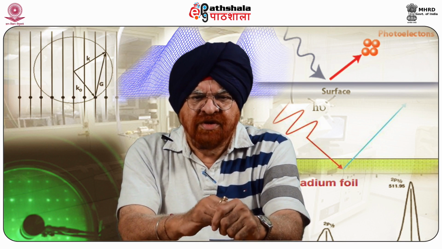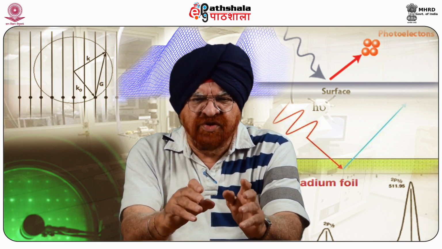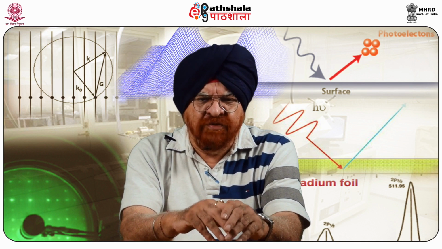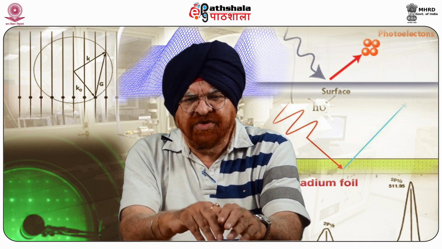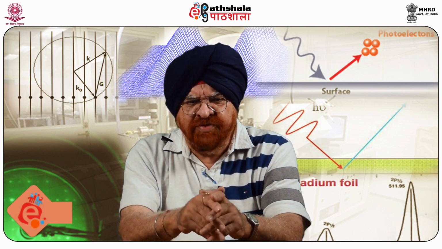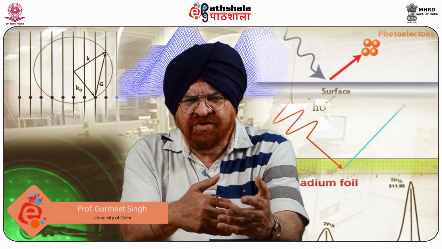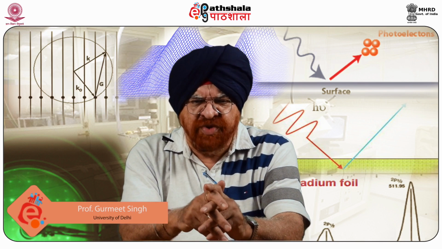Last of all, identification of oxidation states of the elements in inorganic compounds can be very precisely done, which helps us in finding out the state of formation of various complexes.